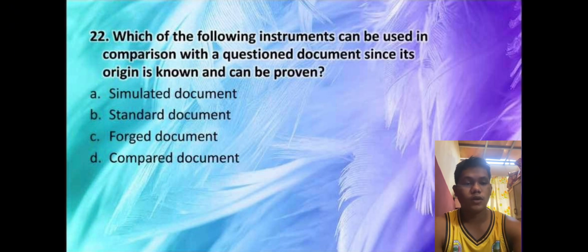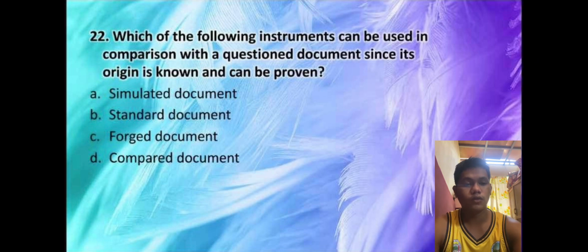Letter A, simulated document. This document is created to mimic a specific style or handwriting but is not an authentic document. Letter C, forged document, is a falsified document created to deceive. It cannot be used as a valid comparison.